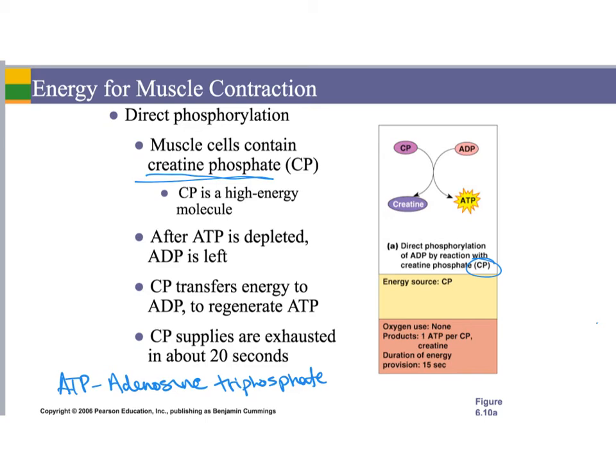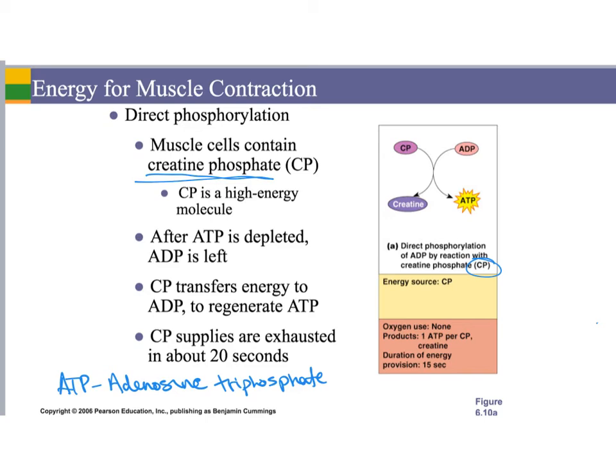So CP is a high energy molecule. It's only used after ATP is depleted. We don't have any oxygen left to use any of the other energy pathways.